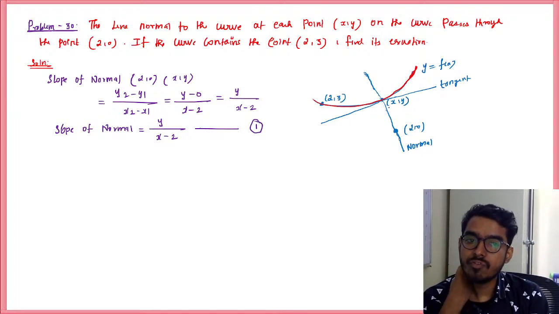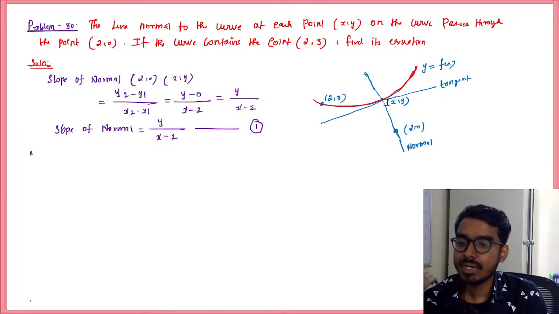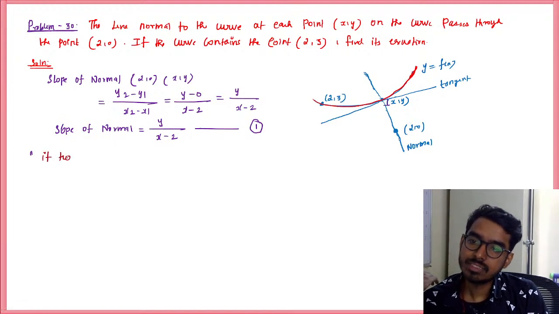Also we know if two lines are perpendicular, the product of their slopes is -1, right? This is a very elementary result from coordinate geometry.